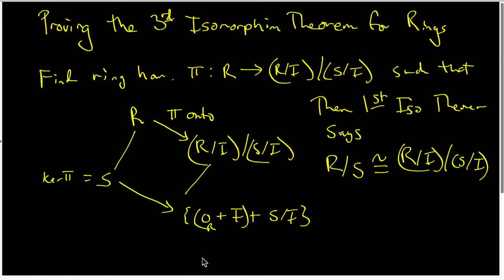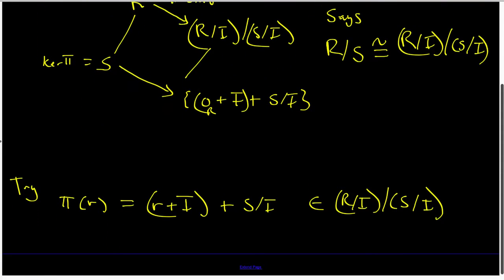Now, we even had a strategy for finding pi at the end of our last video. We decided that we could try an obvious map.